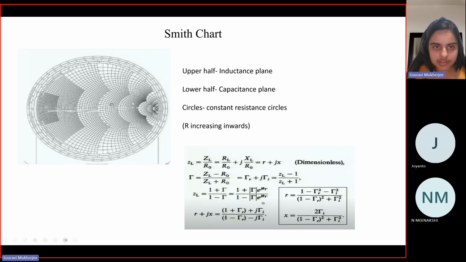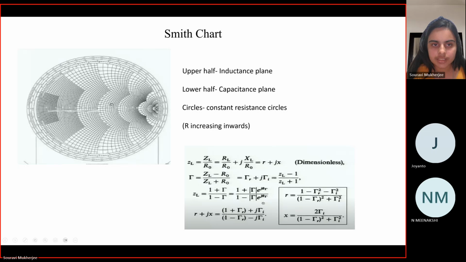Okay, the straight line in the middle, the diameter basically. And here, each of these circles, you can see many circles, right? So each of these circles corresponds to constant resistances. Why is it so? We can also get there mathematically, and we'll do it in some time. But just by looking at it, all these circles correspond to constant resistance values, and all of these arcs, you can see these arcs, right? So these arcs are parts of a bigger circle, which are called the X circles.